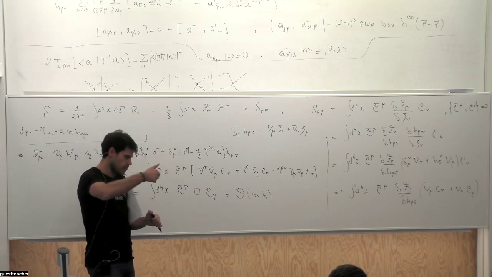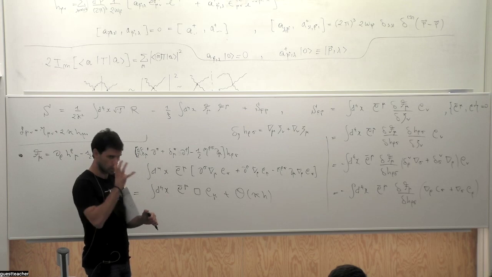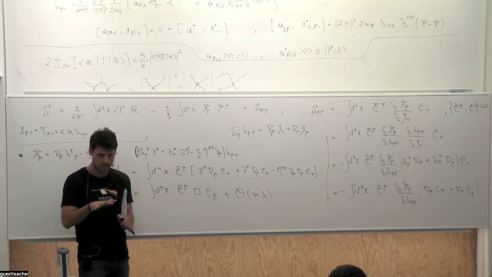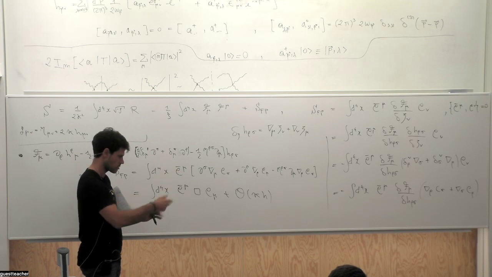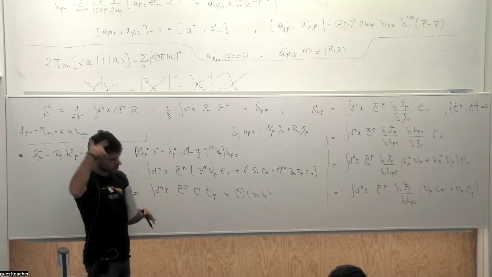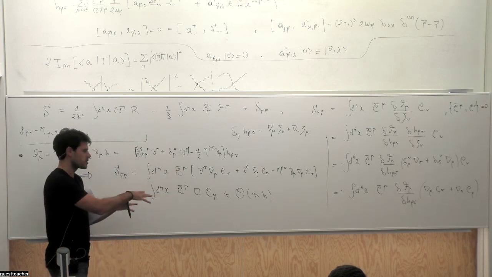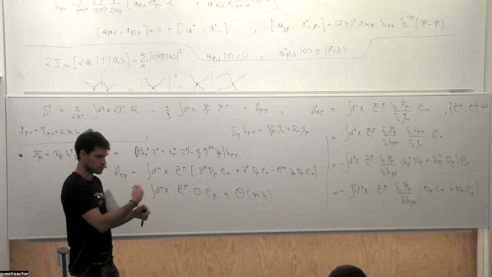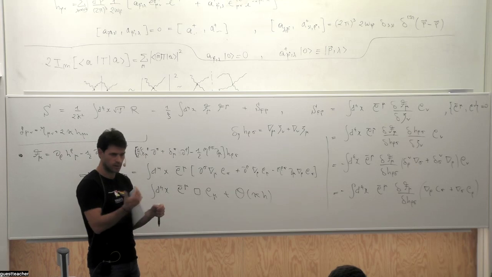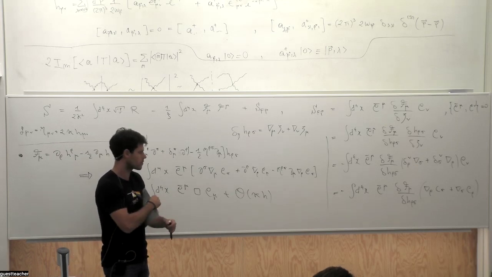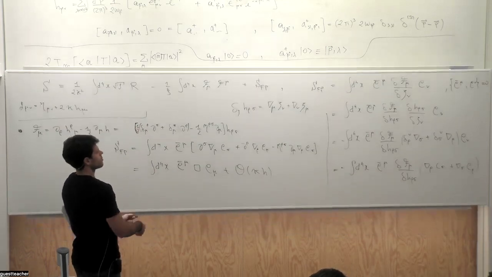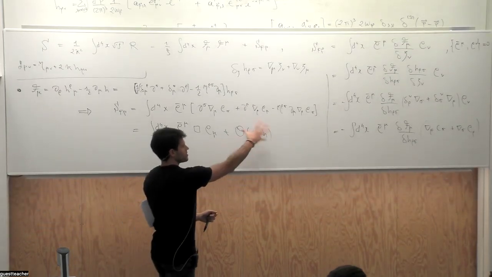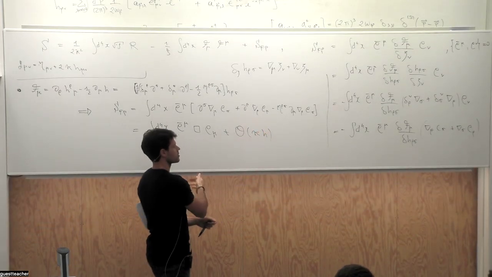But later, at the end of this lecture, we will mention the word ghost again, with a different meaning, so please remember that. I don't know why the other one is called ghost, but for this one, I think the word ghost is very suitable, because it does not appear on shell, but only through loops. So somehow they hide themselves. But it's important to keep in mind that there will be this interaction that is responsible for cancelling things.